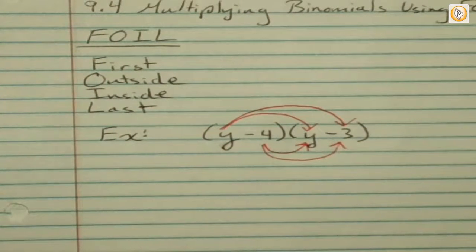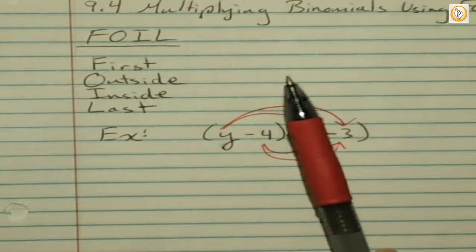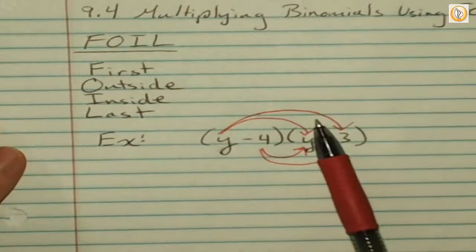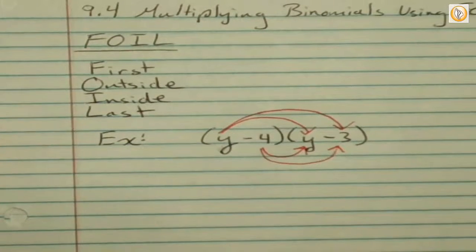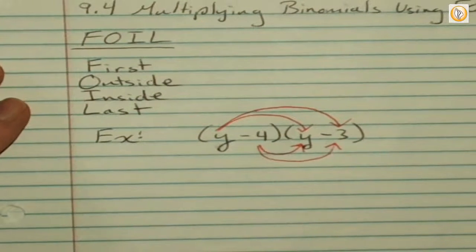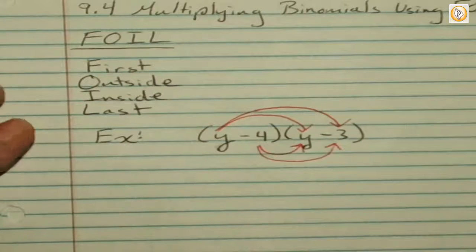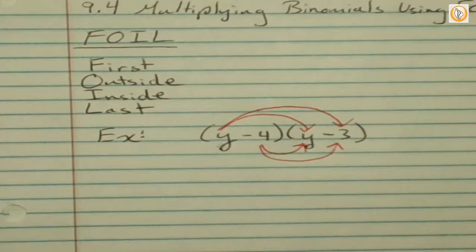It's FOIL. I've never understood why they didn't teach 9.4 first and then 9.3 afterwards, because it makes more sense to me, but I'm not the publisher. So it's the exact same thing? Yeah, but it's called FOIL. Again, I know.